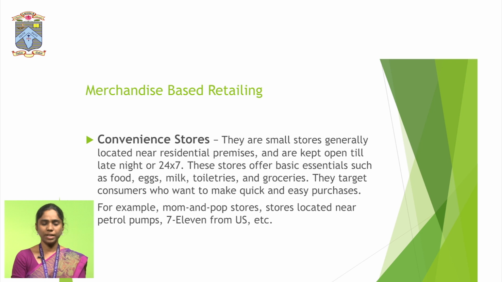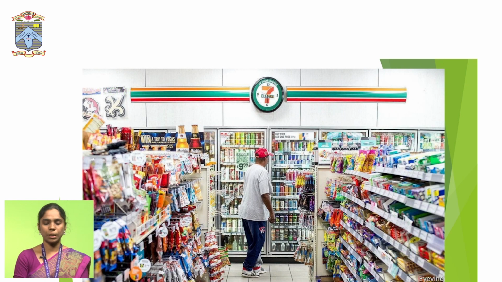The best example for a convenience store is the drug stores which are open 24/7. In a convenience store the product range is very minimal and these may be available at rare places. This type of store is called a convenience store.